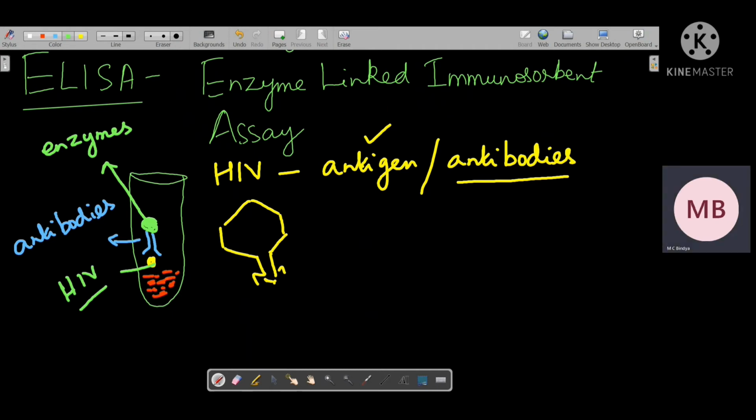Suppose there was no HIV over here, then these antibodies also will not be sticking to those. Then these enzymes also will not be seen. They will not form the association, which means the patient is normal and does not have HIV.